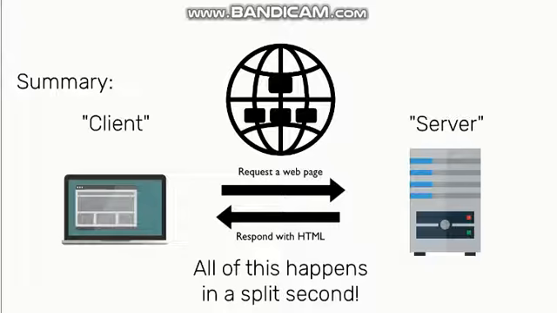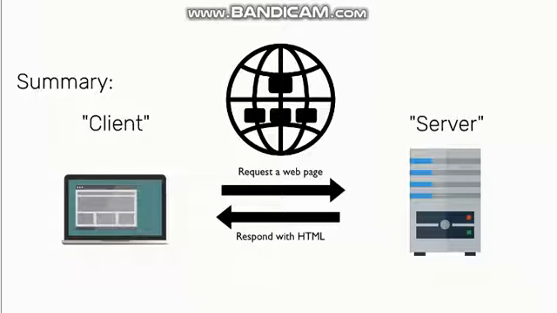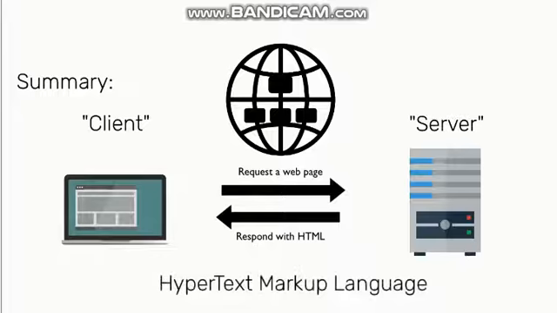Now, as web developers, our job is to write software or code that we store on servers. We have to make sure that when a client makes a request to our servers, our software then sends back the proper response. Usually that response consists of hypertext, but it can also consist of other forms of data. Now keep in mind, hypertext is written with a language called HTML, which stands for Hypertext Markup Language.